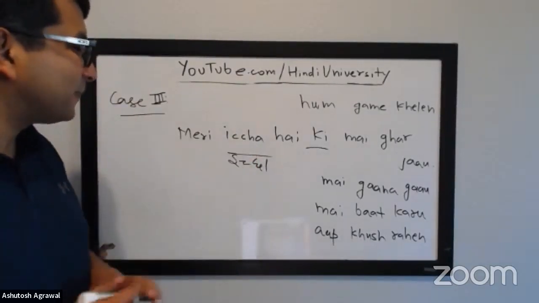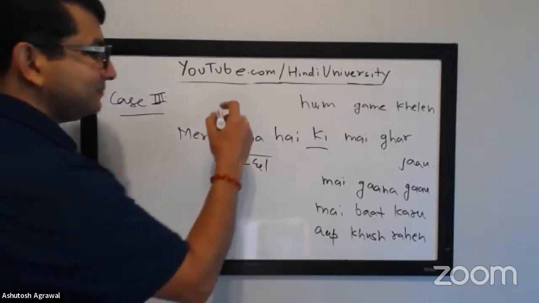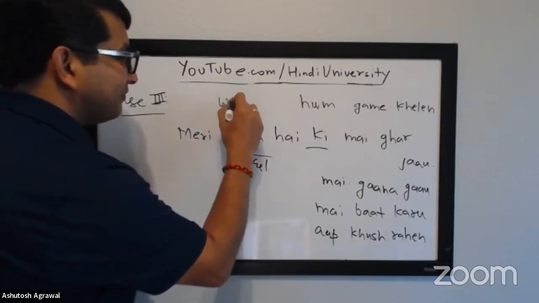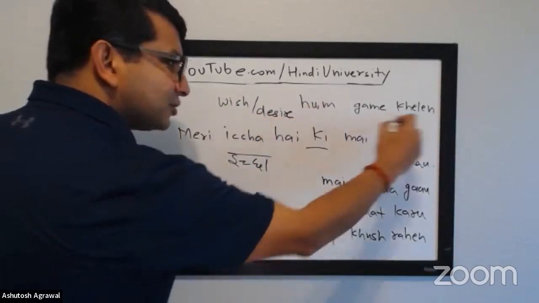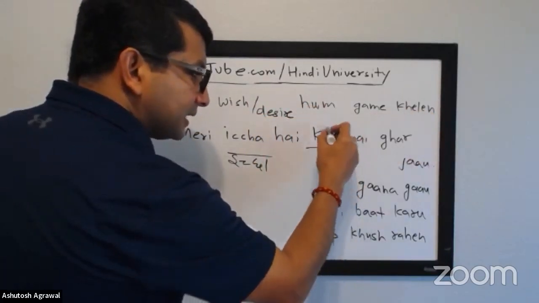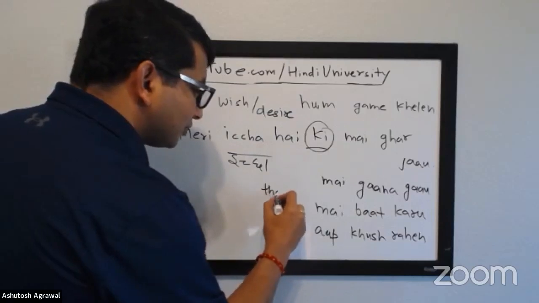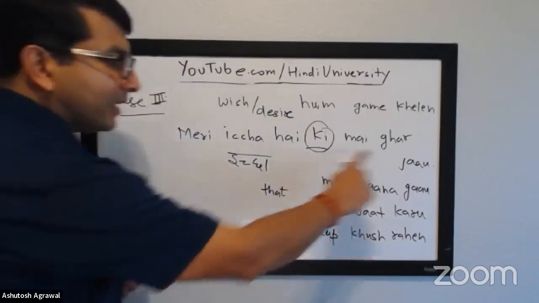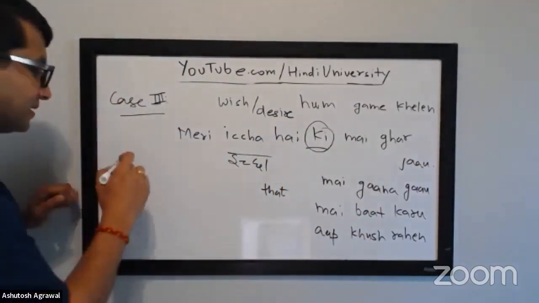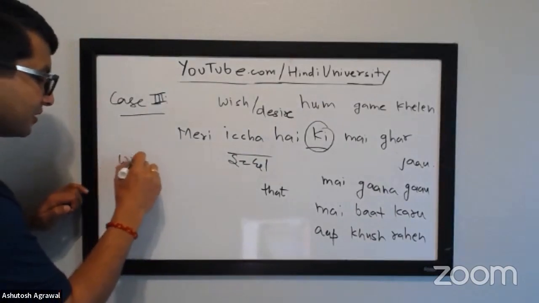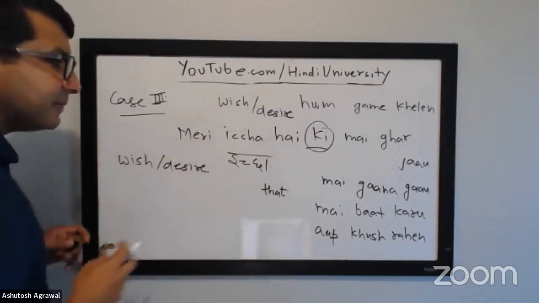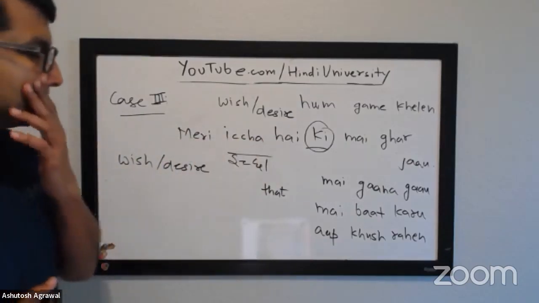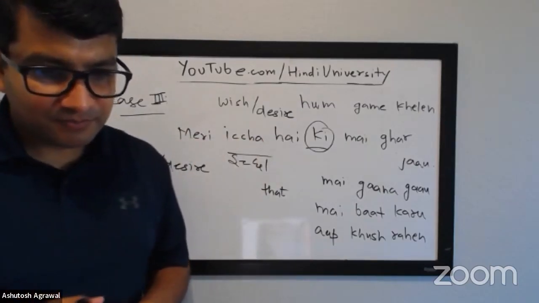What is ichha? Ichha is to have a wish. Very good, right? So it's a wish or a desire. Okay, same sentence. You still know its key is that this is your conjunction. मैं घर जाऊं. What is happening here? You said there is a wish or a desire. So what is the first sentence? मेरी इच्छा है कि मैं घर जाऊं. My wish is to go home.